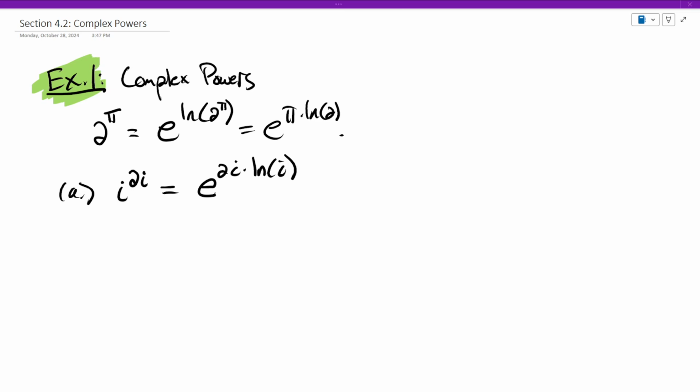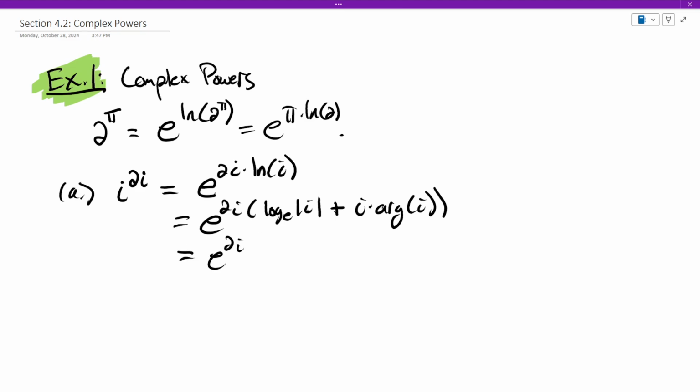And we computed log of i. We saw that it was log base e of the modulus of i plus i times little arg of i, right, little ln, little arg. And then this is going to be e to the 2i.